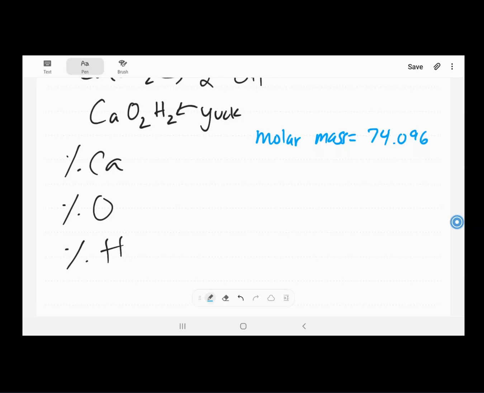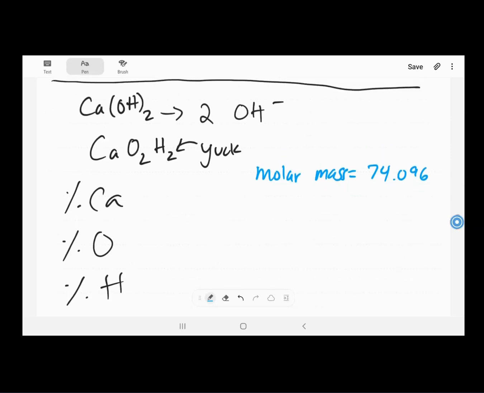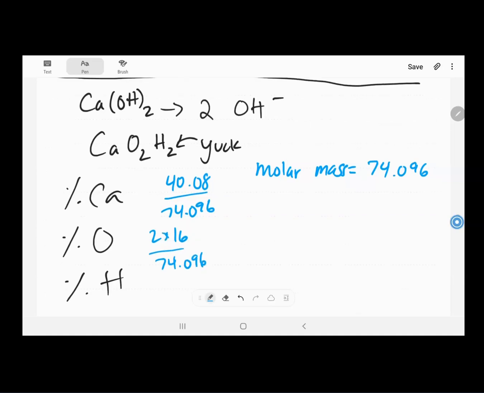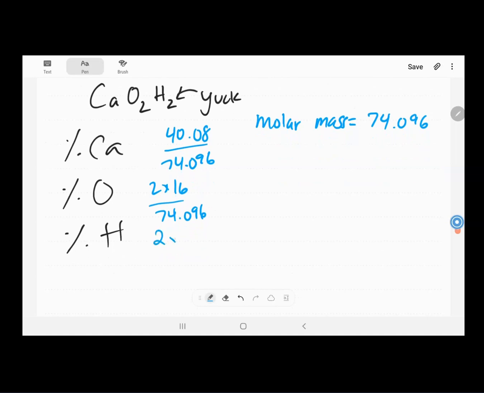Yes, we do have 2 oxygens and 2 hydrogens. The way this formula is written on top tells us we have 2 of everything in the parentheses. I'm going to make this one a times just so it's a little more obvious.